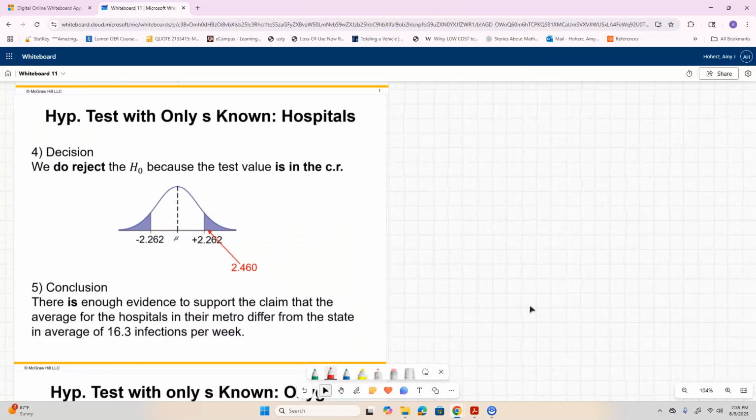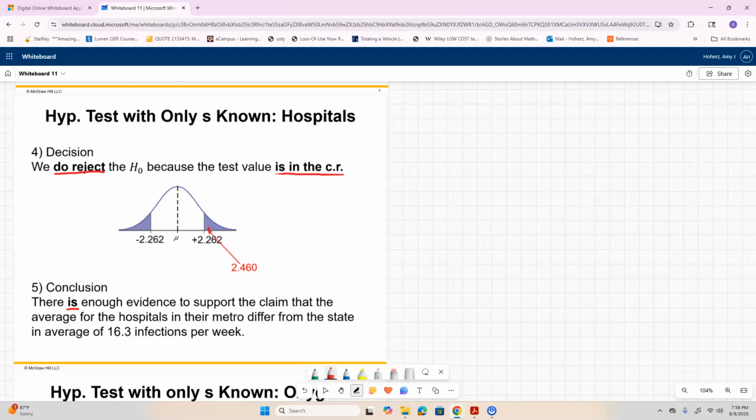Okay, so as we said, 2.46 is up here in the rejection region. And so we do reject the null hypothesis because the test value is in the critical region, and there is enough evidence to support the claim that the average for the hospitals in this researcher's metro area differ from the state average of 16.3 infections per week. So their claim is likely correct because we have evidence to support their claim.